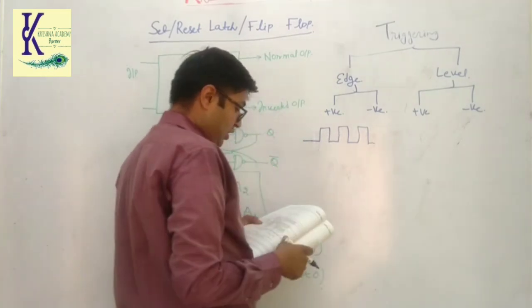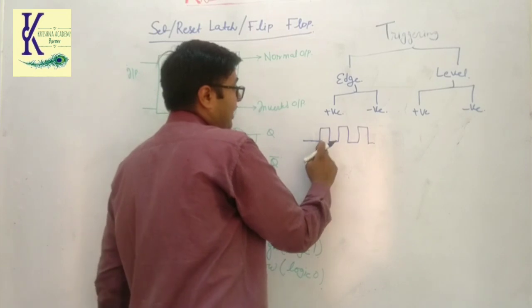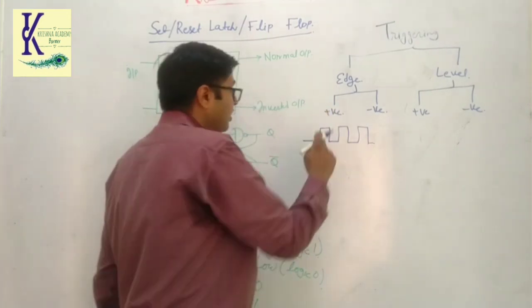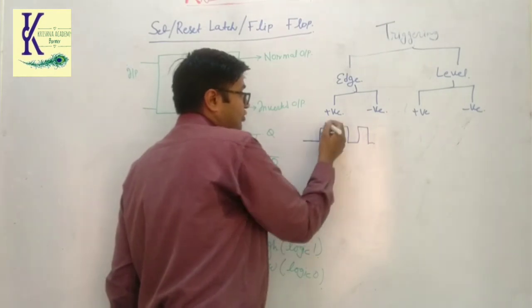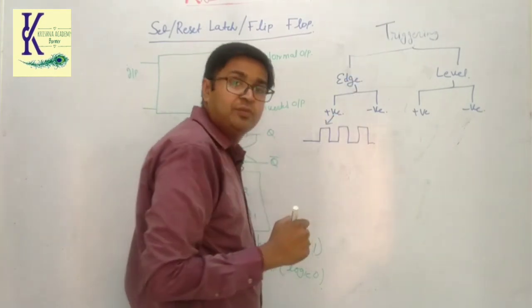When you start with the lower level and go towards the positive side or active high side, this is called positive edge triggering.